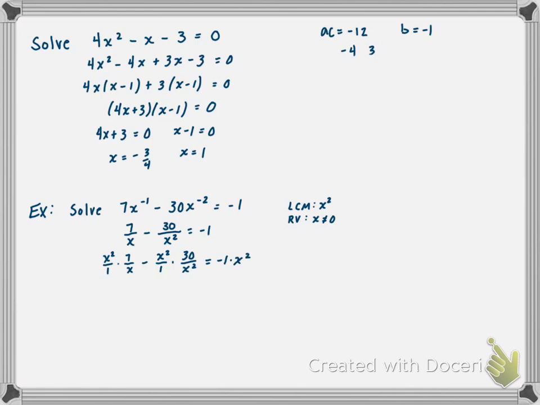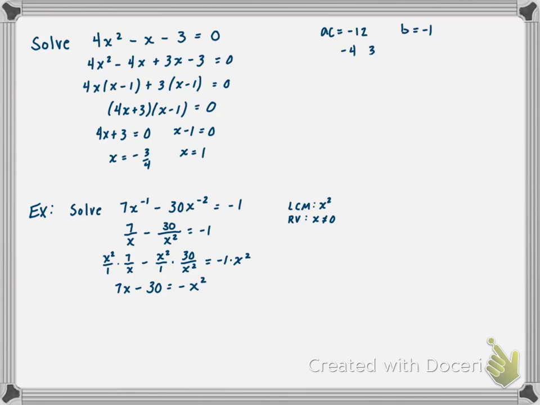So in that first term, just 1 factor of x cancels, so I end up with 7x. And that second term, both factors of x cancel, so we end up with 30. And then nothing cancels over here, so we get negative x.